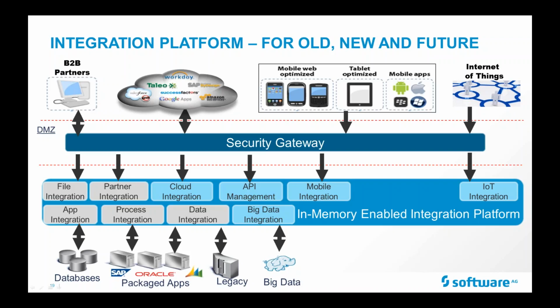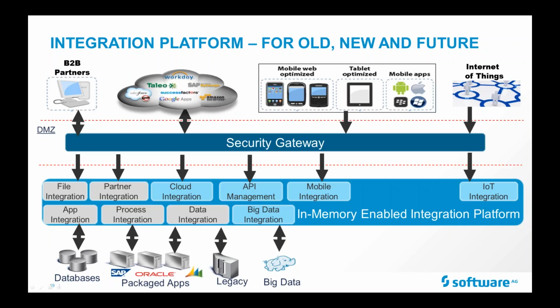Our ESP webMethods is an in-memory enabled integration platform built on top of the Terracotta in-memory system. And then it gives you application integration, process integration, data integration, big data integration, and also file integration, B2B partner integration, cloud application integration, API management, and mobile integration as well.